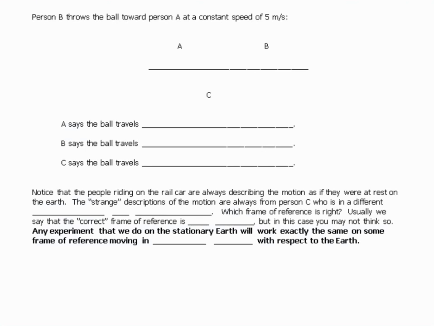We have 3 people situated here again. A and B on the train, C watching from the side. Person B throws the ball towards person A at a constant speed of 5 meters per second.